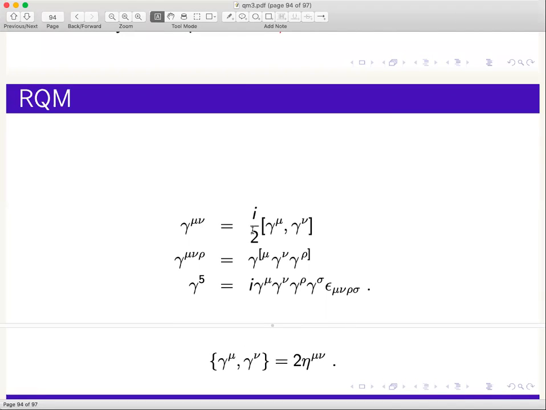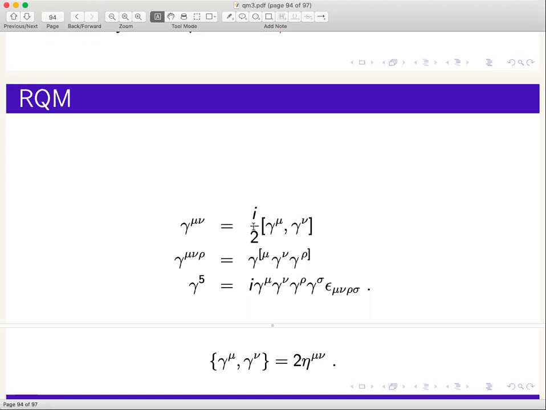That is the reason why I put the factor of half here, because if you use this anti-commutation relation to simplify this commutator, you will get a factor of 2 times gamma mu times gamma nu. So gamma mu nu would therefore be defined as a product of these two. The factor of half is just to take care of this factor of 2 coming from the anti-commutation relation.